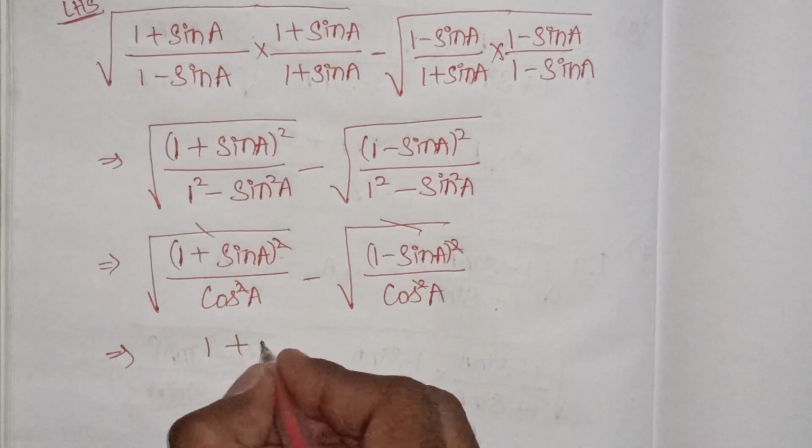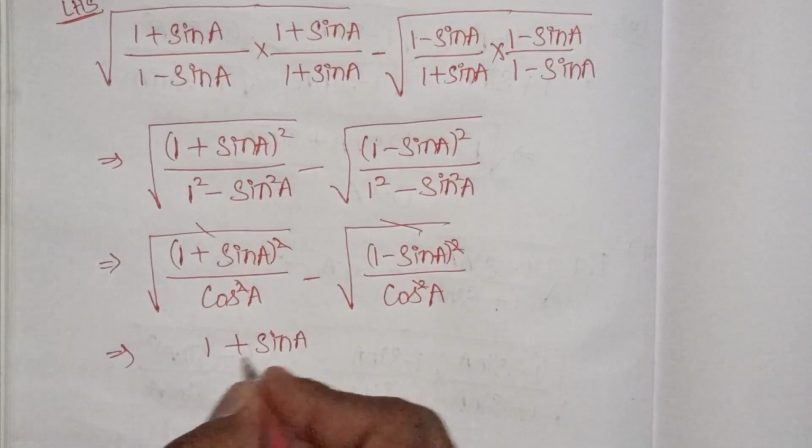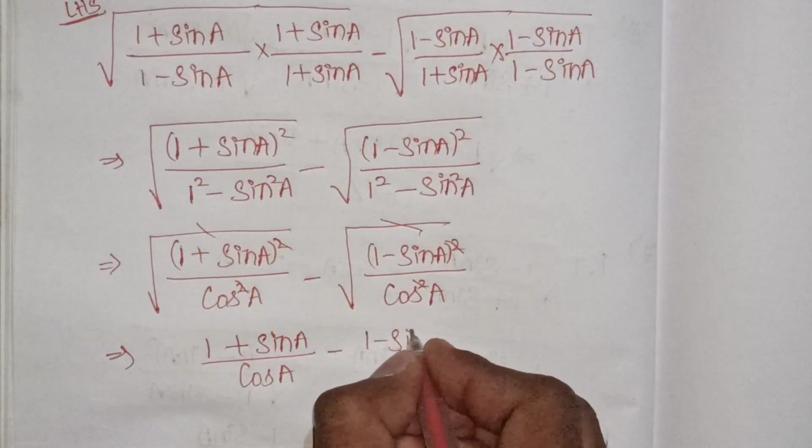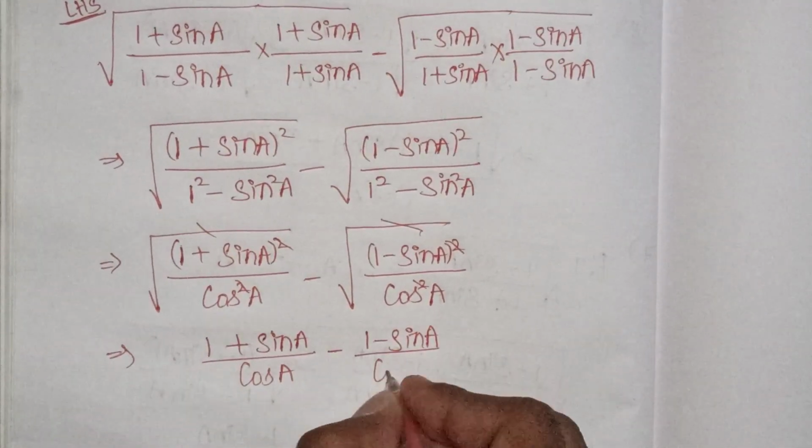Therefore, 1 plus sin A by cos A minus 1 minus sin A by cos A.